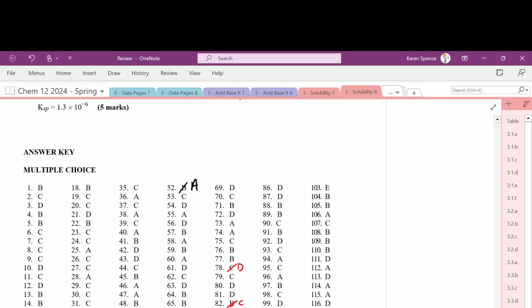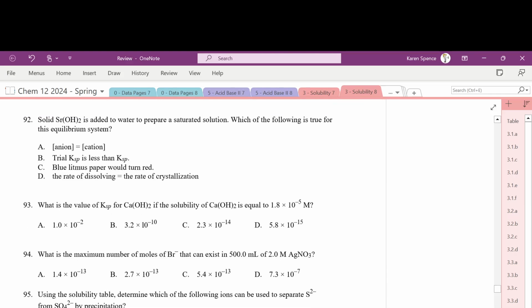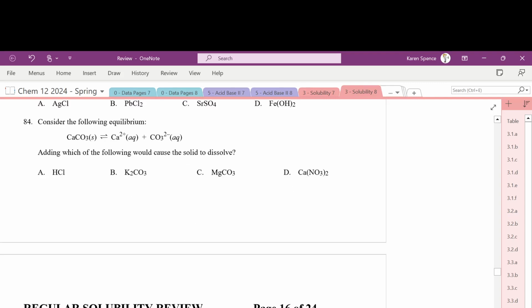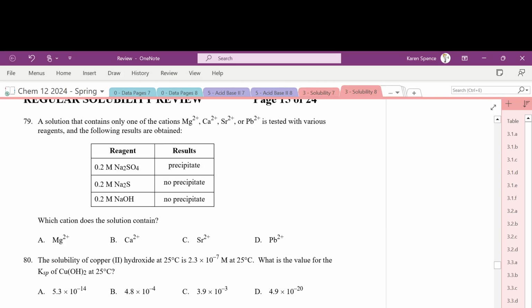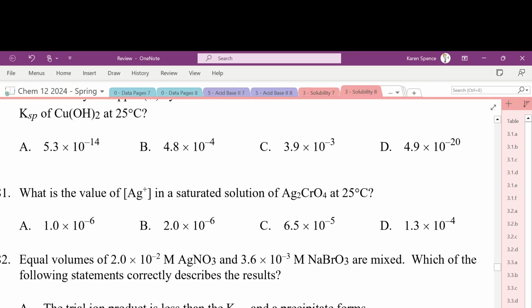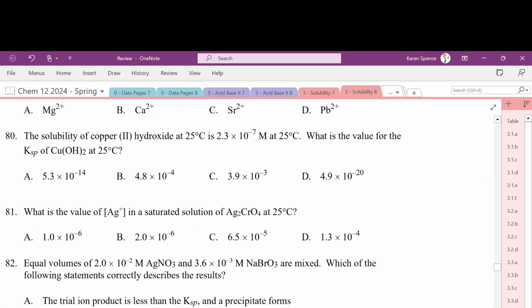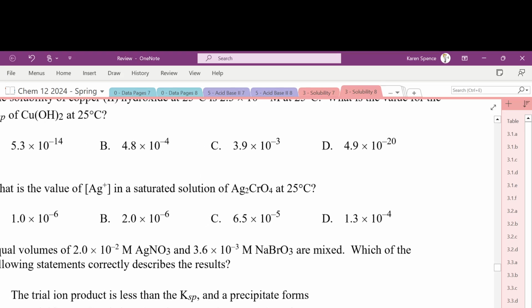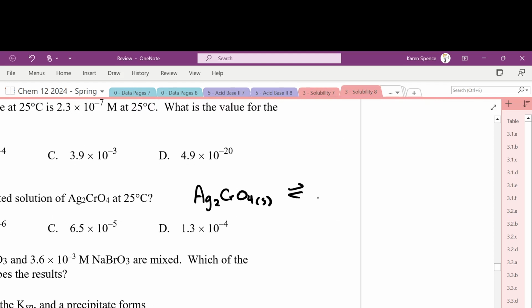Hmm. 81. What is the value of silver in a saturated solution of silver chromate at 25 degrees Celsius? So in order to know the silver, we get 2 silvers and 1 chromate.